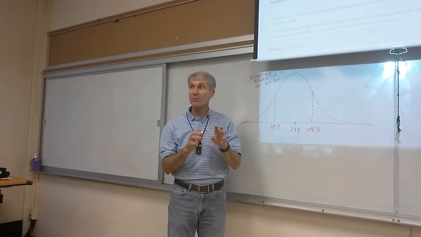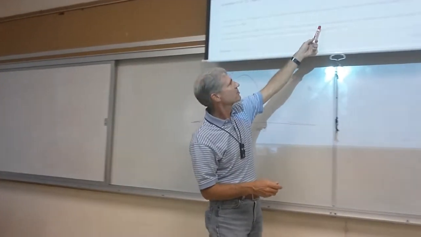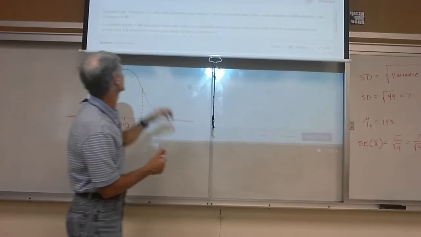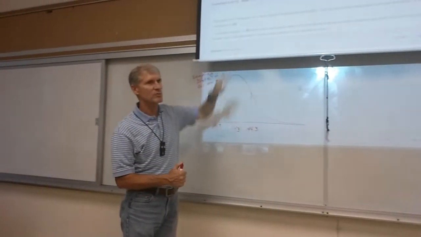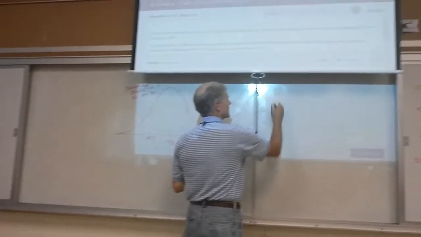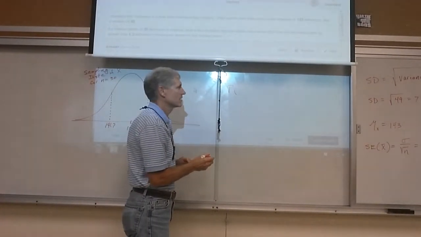So now I can draw what they want me to shade. And remember, you shade what they want the probability of. What is the probability that the sample mean would differ from the population mean by greater than 1.2 millimeters? So, probability that you differ by more than 1.2 from the mean.